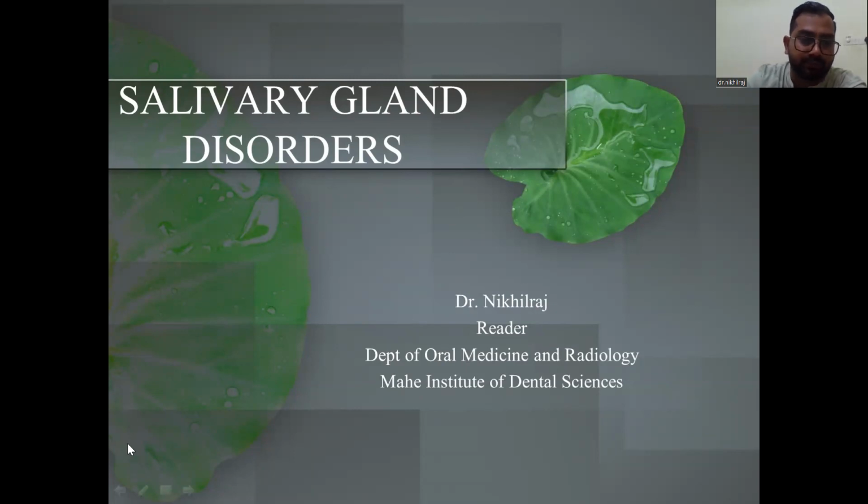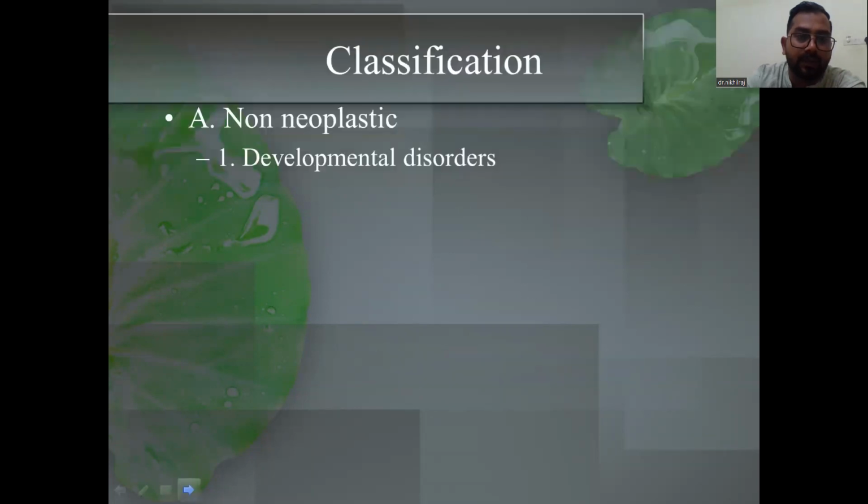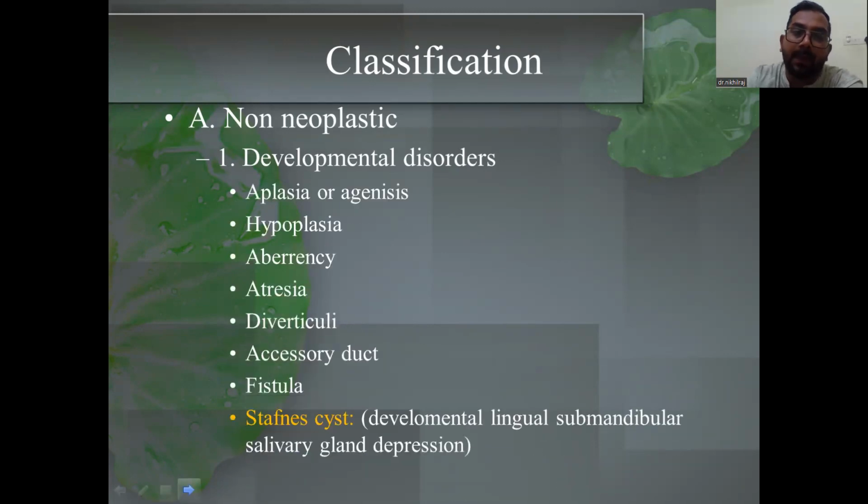So here is a classification. The first classification is non-neoplastic. It comes as developmental disorders such as aplasia, agenesis, hypoplasia, aberrancy, atresia, diverticuli, accessory duct, fistula, and Stafne cyst.